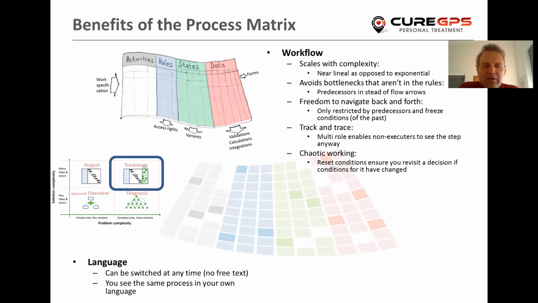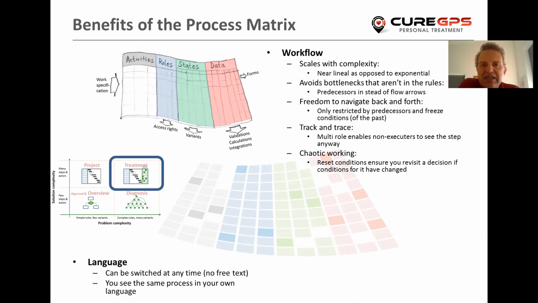If something changes that determines something that you have already completed, then it will ask you to redo the decision automatically. So you can never make an error, even though you get wiser on the basis of the decision you have already made that was correct when you made it. Therefore, you have the freedom to navigate back and forth, and that is quite important in the treatment.